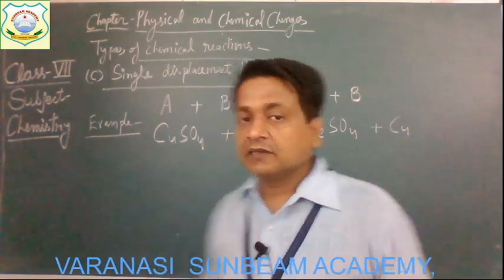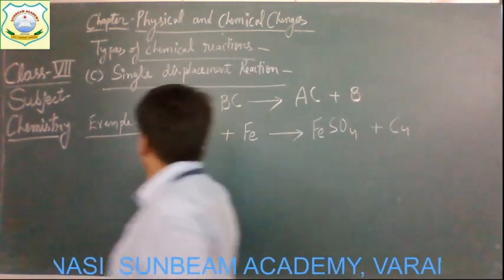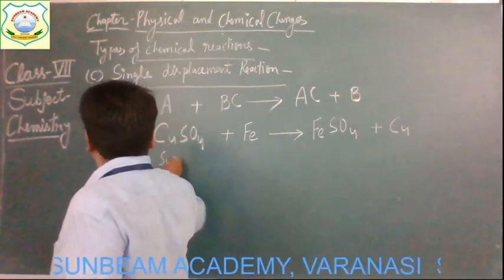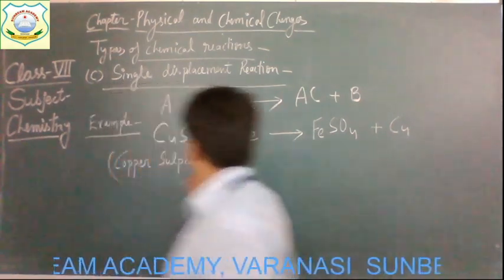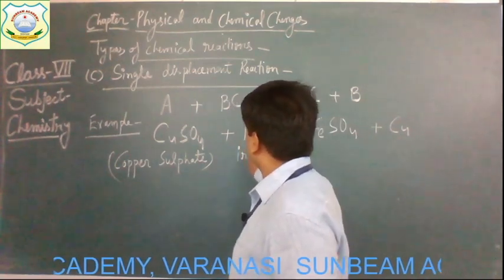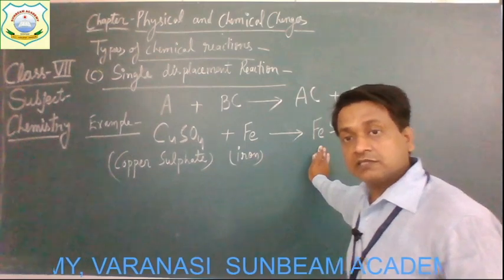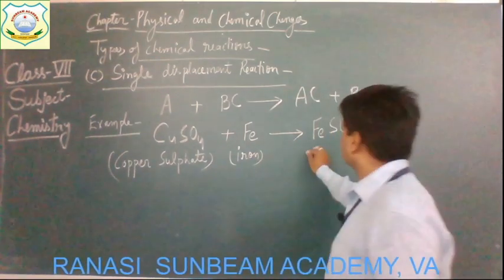Get it? So CuSO4, what is this? This is copper sulfate. Fe, this is the symbol of iron. FeSO4, this is the formula of iron sulfate.